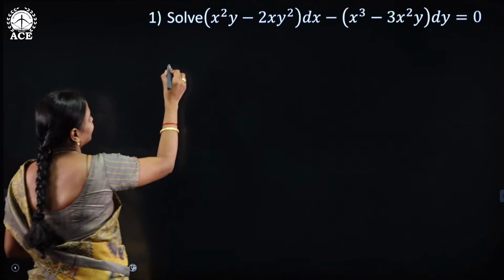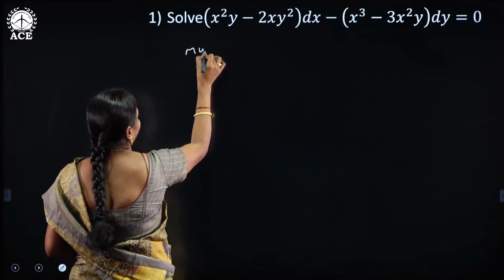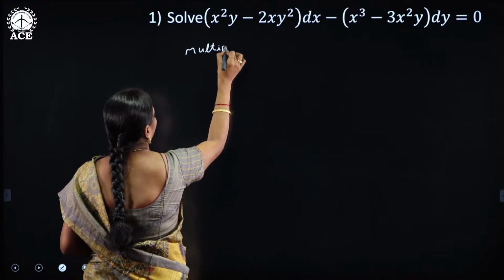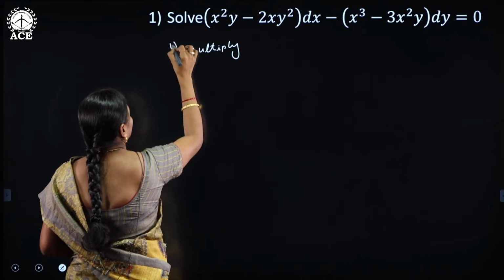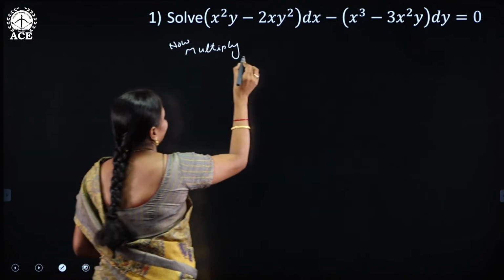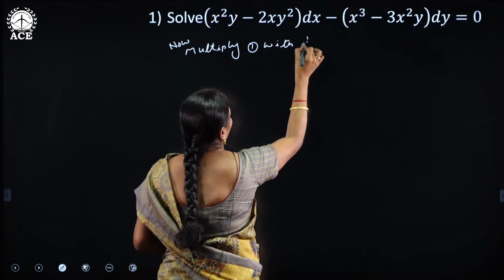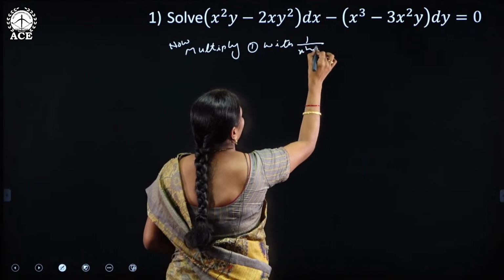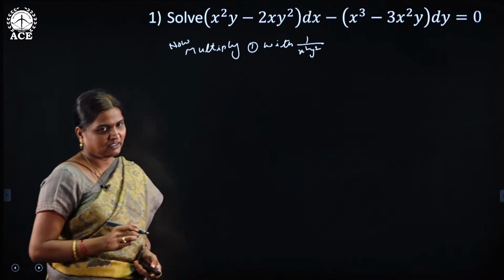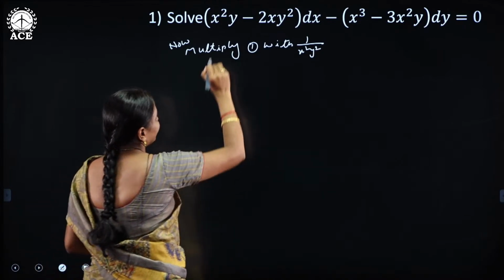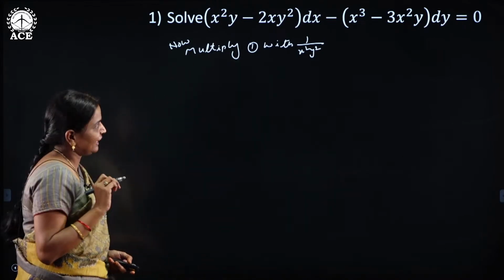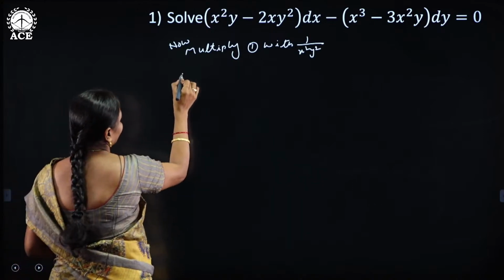So if we multiply the given differential equation, now multiply equation 1 with 1 by x square y square, or divide with x square y square. Then we get a new differential equation. So what is that new differential equation?